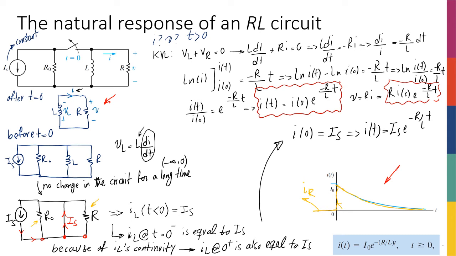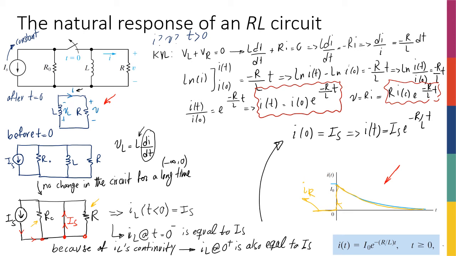We're just talking about the transient behavior of the circuit right after disconnecting it from a source. So it's a natural response of this R and L when there's no source involved. That's why we call it a natural response, because there's no source involved in this process, right?